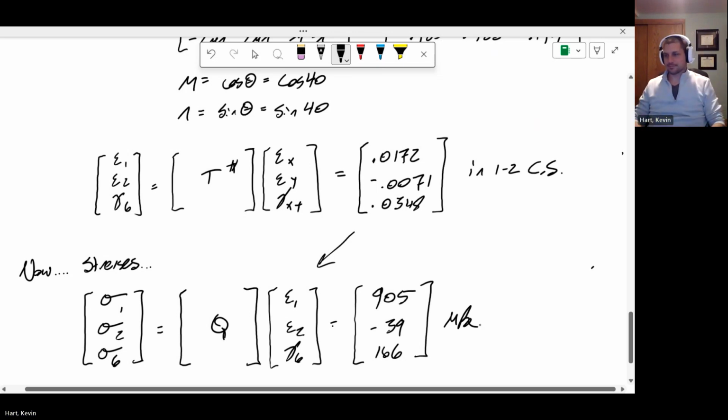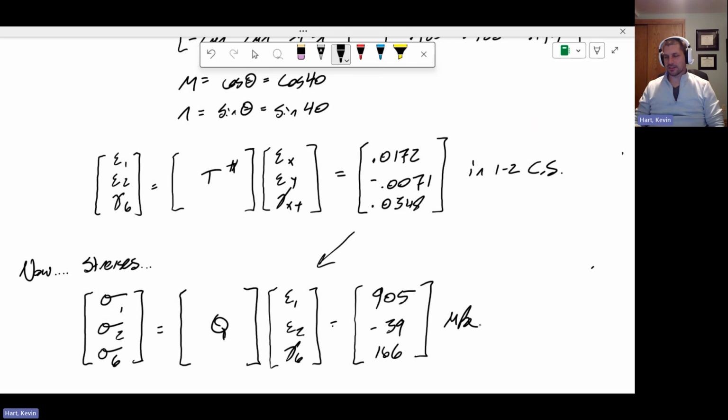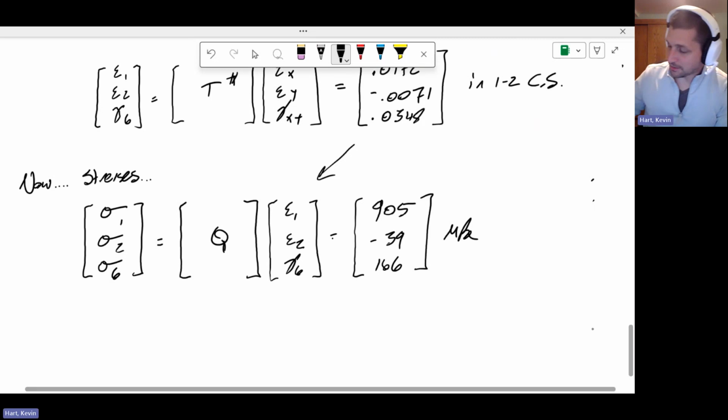So nothing to it, you just have to know the steps. Again, there's this flexibility to transform from XYZ to 1, 2, 3 of the stiffness matrices, the compliance matrices, the strains, the stresses. You just have to know how to execute, and then transform from stresses into strains using Hooke's law. So that's the first example.